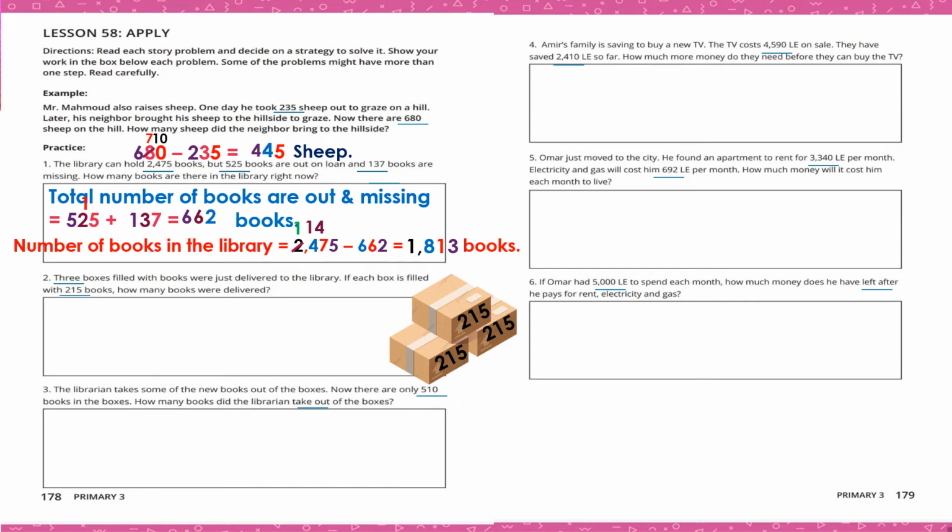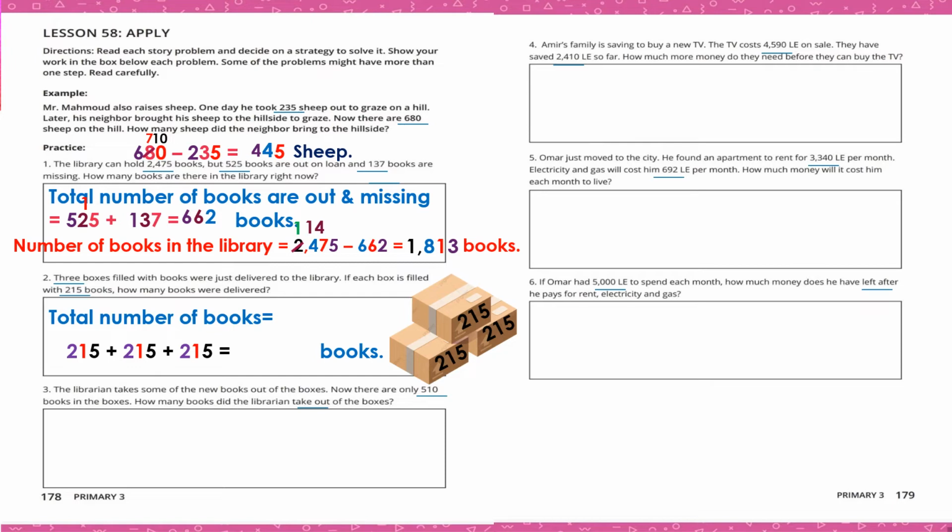What shall we do to get the total number of books in the 3 boxes? The total it means what? To get the total number, plus or minus? Yes, plus. So to get the total, make 215 plus 215 plus 215.